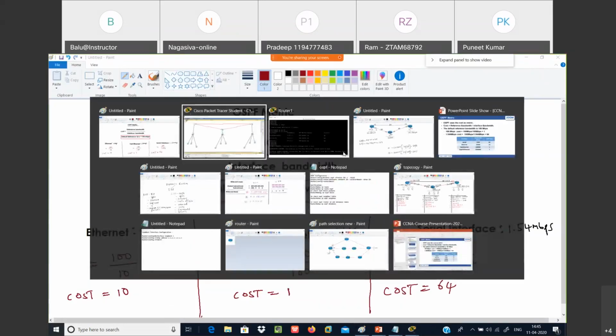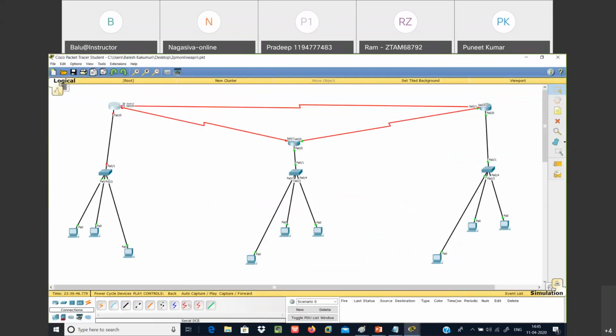The router will run and we start the simulation.